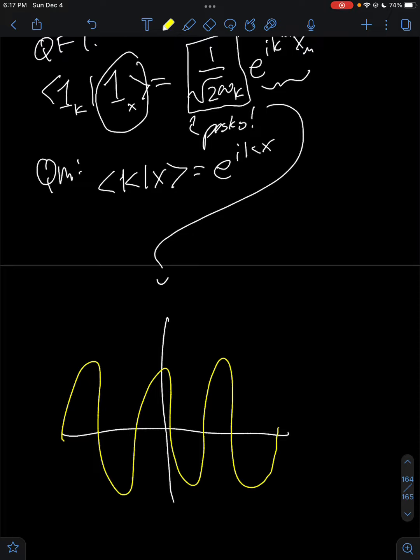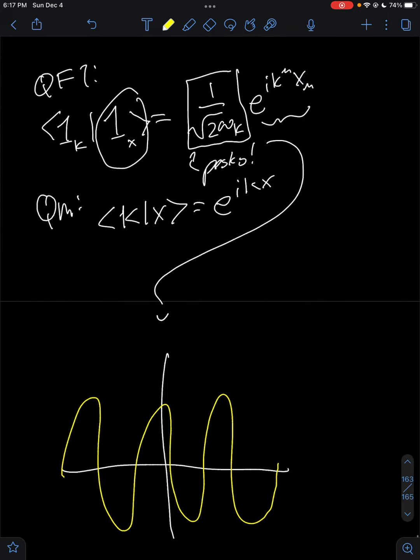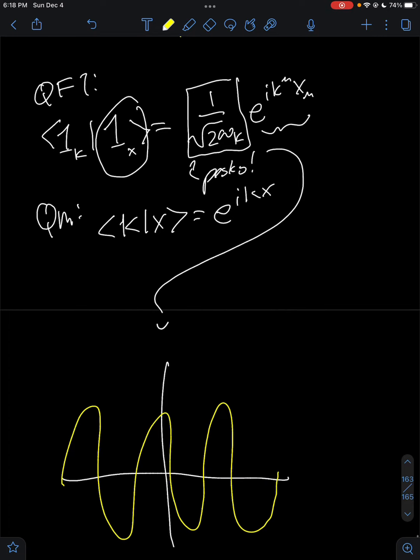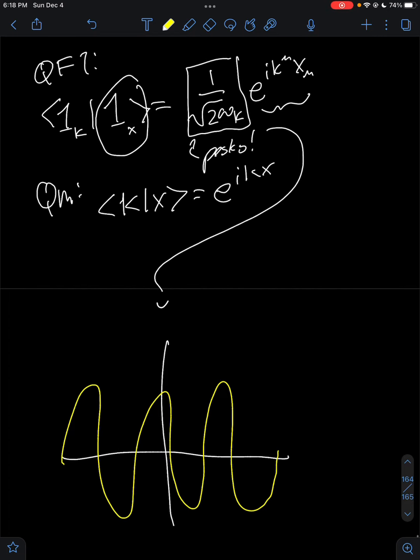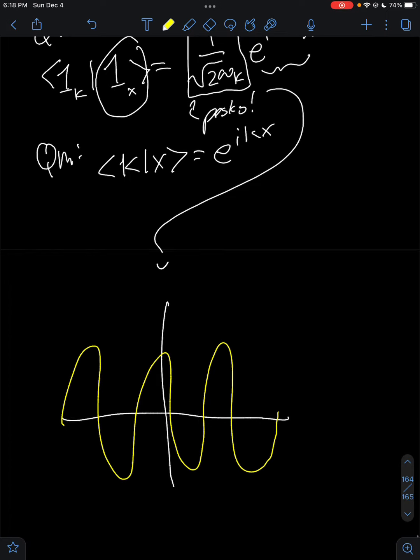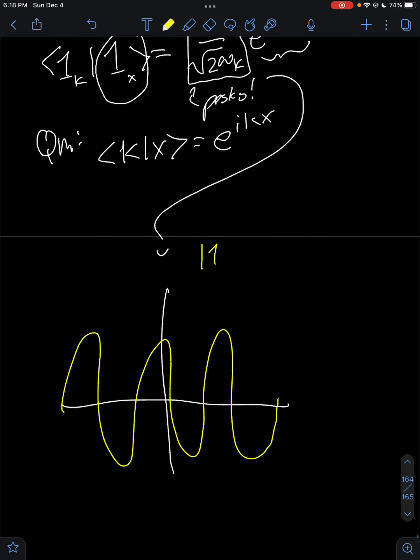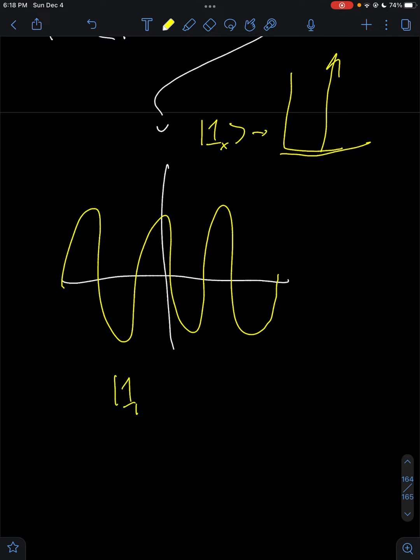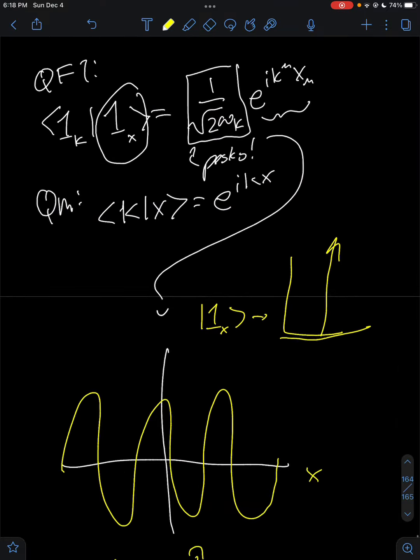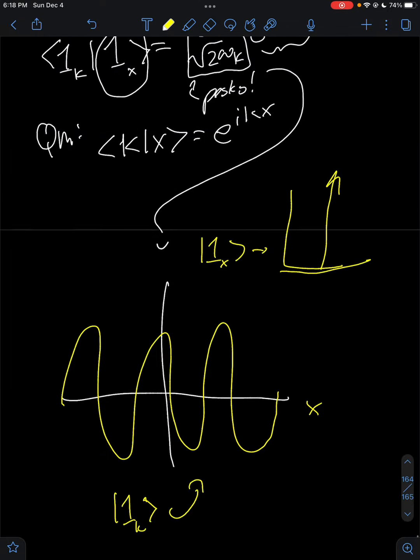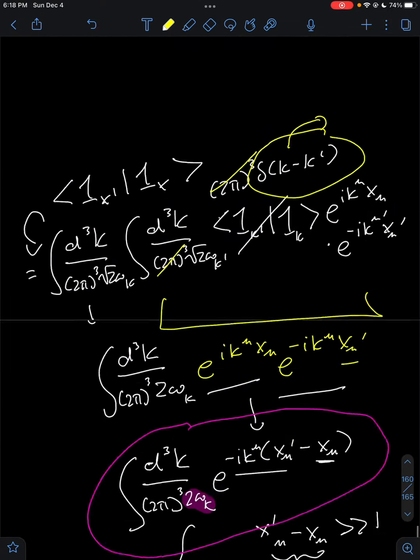It tells us that if we have a much more precise position function, we're going to have an imprecise momentum function. So since |x⟩ corresponds to a sharp peak, or approximately a sharp peak, then |k⟩ is going to correspond to an elongated plane wave when we graph it. So those are how the amplitudes manifest when we graph them.